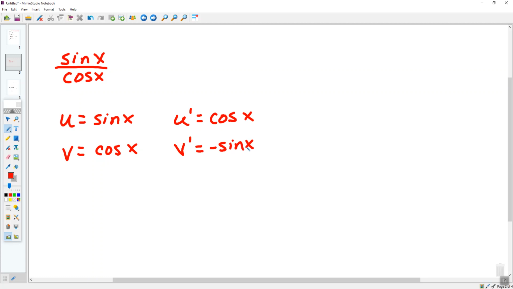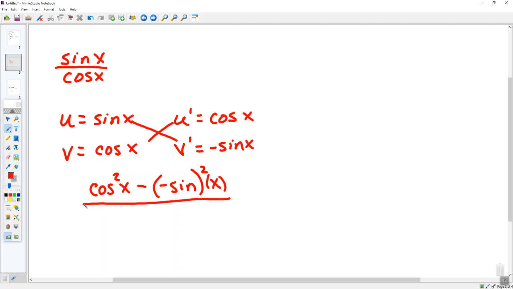By the quotient rule, we're going to have u prime times v, which is cosine squared of x, minus u v prime, which is negative sine squared x. What's that negative and negative going to turn into, kids? And then this will be over v squared, right, which will be cosine squared of x.